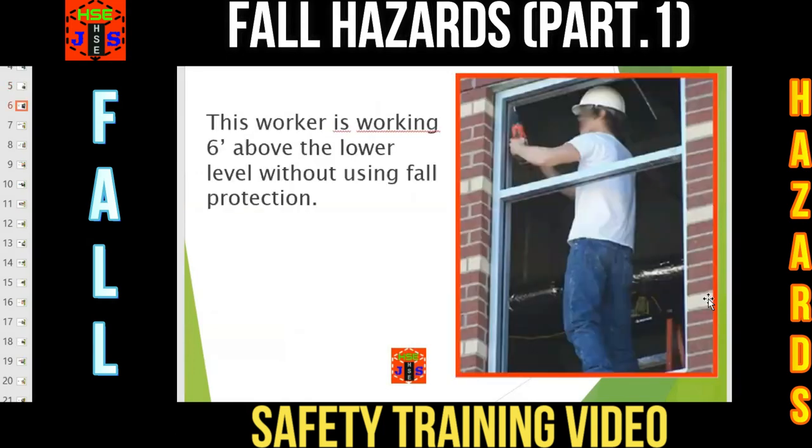You can see this worker is working 6 feet above the lower level without using fall protection. This is totally unsafe and unacceptable with respect to a safe system of work or the safety requirements to work at height.